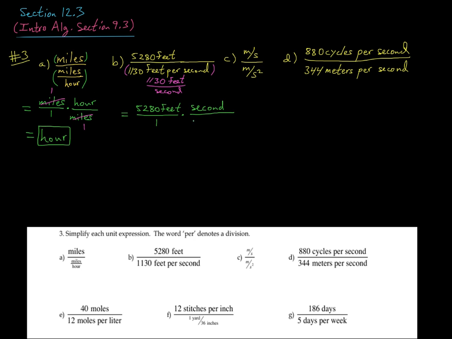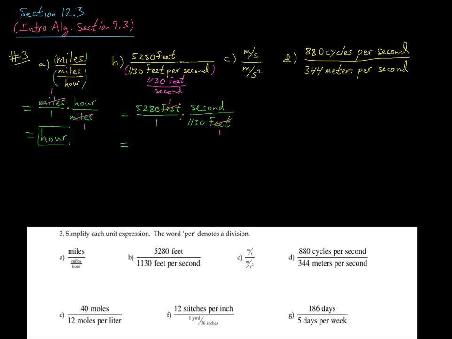And then I'm looking at 1130 feet. So what are we left with? The units of feet here and here will cancel, and I'm left with the units of seconds.